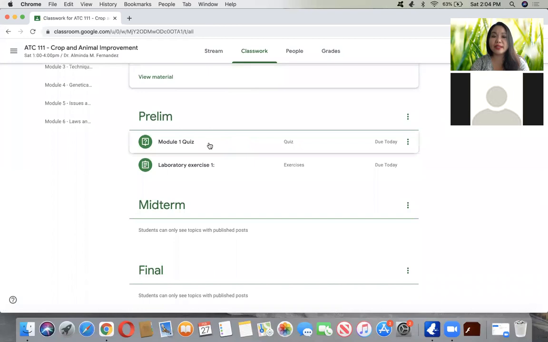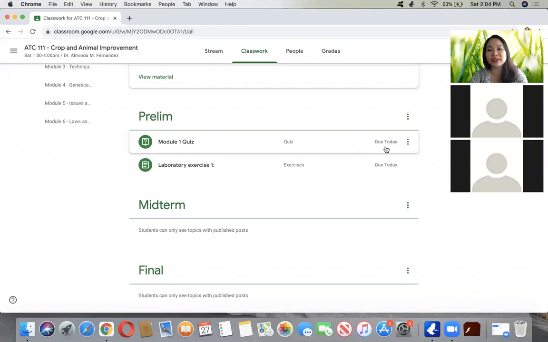I have already posted your quiz, which is due today, but don't worry about deadlines, because you can always finish this throughout the semester. It only has a timeline or due dates to give you reminders for your phases or specific tasks to do.